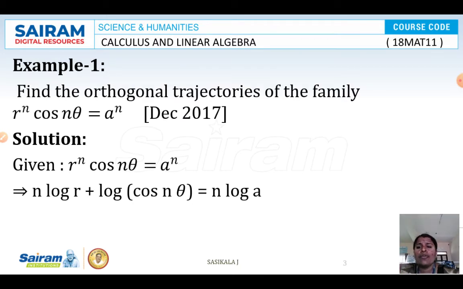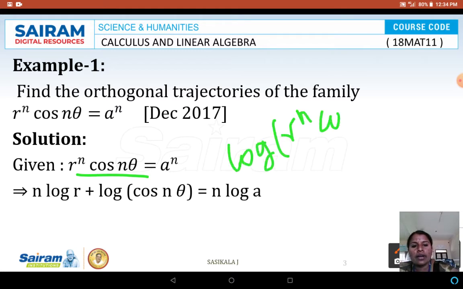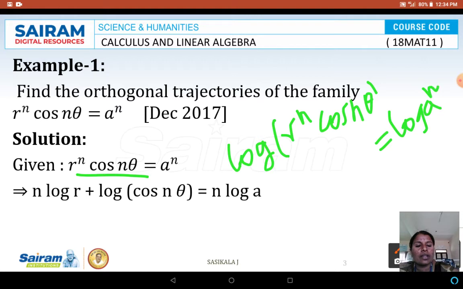First problem: find the orthogonal trajectories of the family r power n cos n theta is equal to a power n. First write the given equation, r power n cos n theta equal to a power n. What is the first step? Take a log. So log of r power n cos n theta is equal to log of a power n.